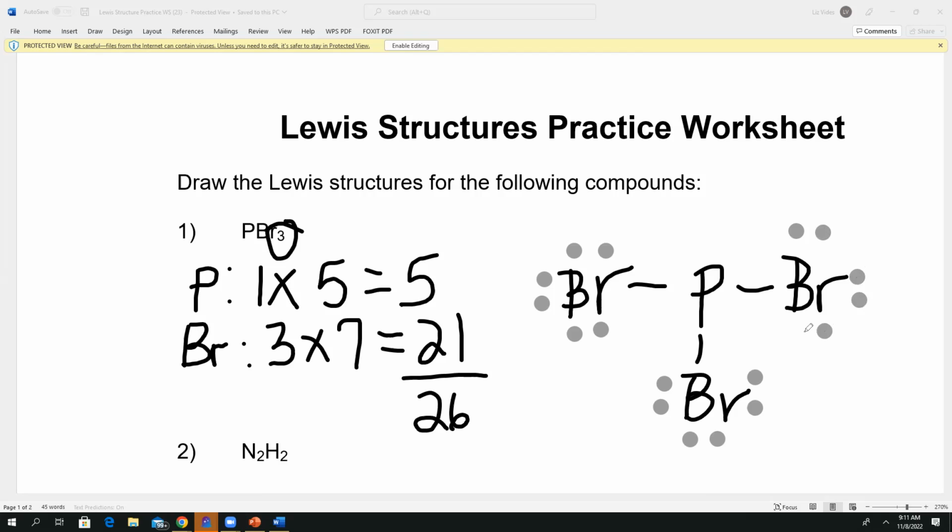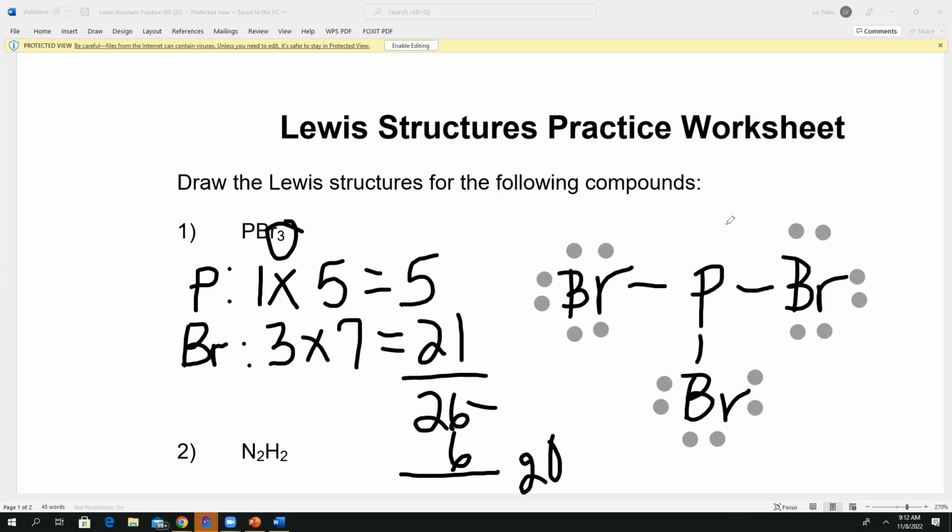Normally this would be where we would have said, this is how I do it, okay? And to me this makes more sense, but she had a little bit of difference. So here I would have subtracted those 6 that I used from the bonds, right? And I would have gotten 20. So you notice I just used 18, right? Because 6 times 3 is 18. But I still have 2 more.